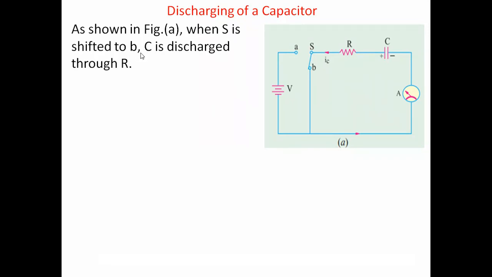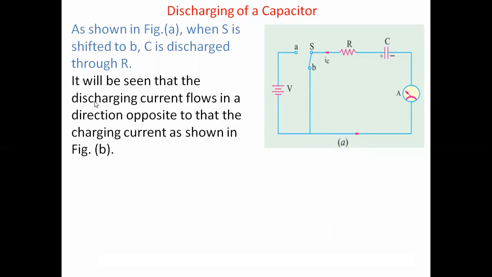When switch S is shifted to B, C is discharged through R. So the charge present on the capacitor will be discharged, and that represents the discharging current. Here it is represented as IC.